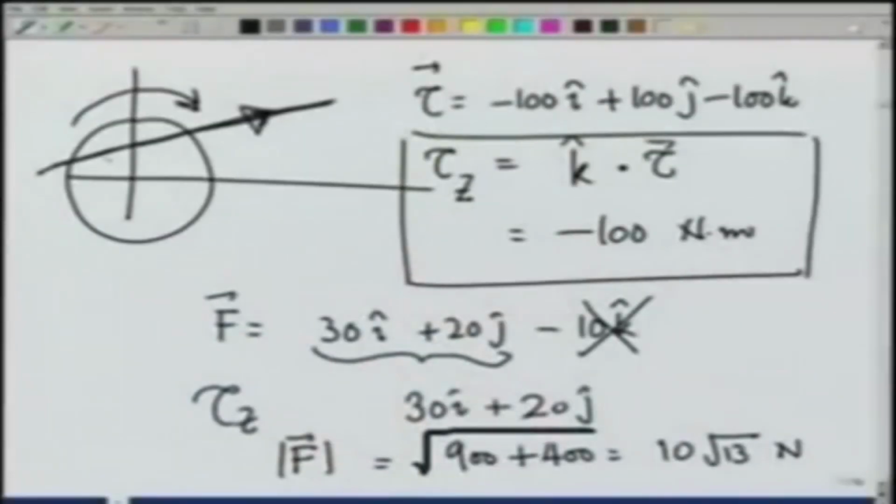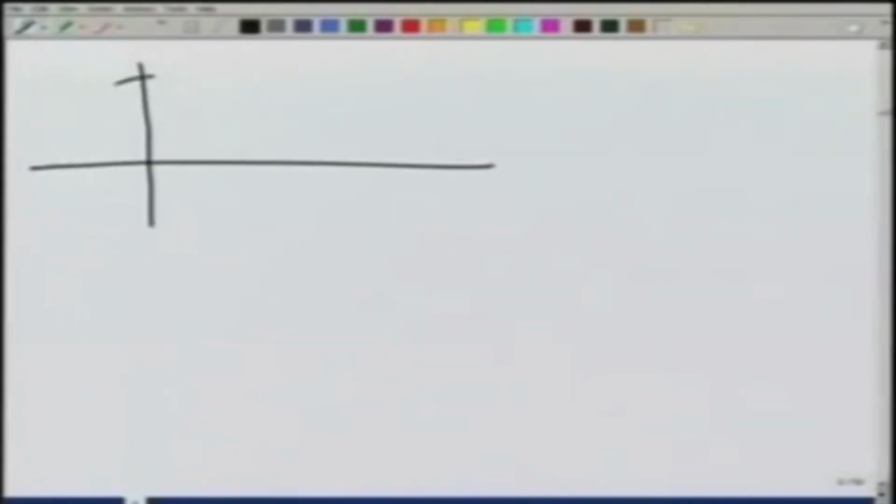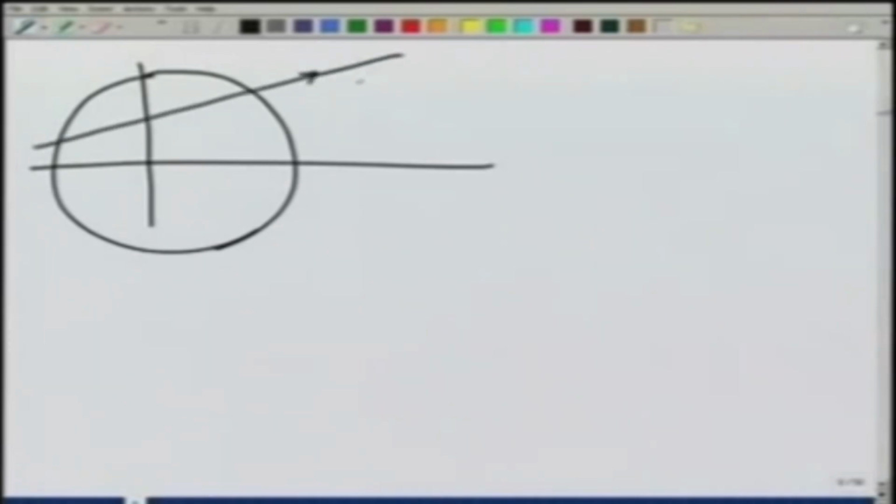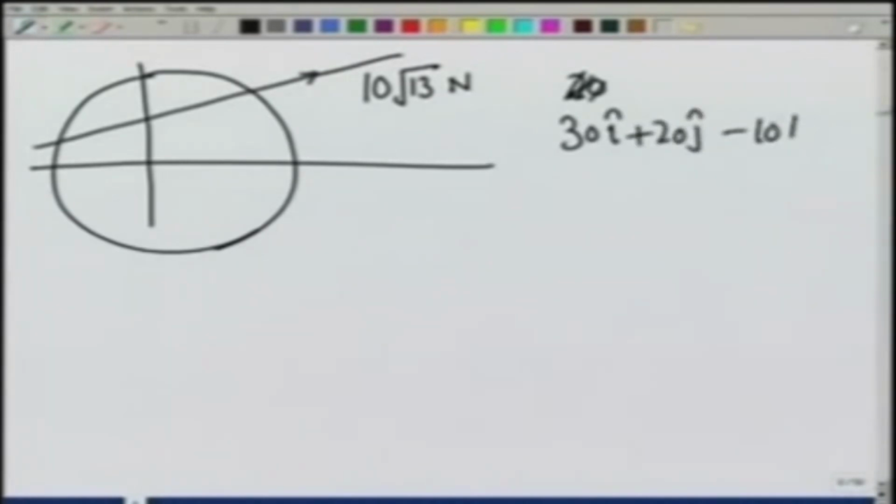I want to find the distance perpendicular to this force, that is this distance d from the origin. Let us find that. Let me make the picture again. So, as far as the rotation of the disk is concerned, a force is acting of the magnitude 10 square root of 13 newtons along this line, which is given by the vector 30 i plus 20 j minus 10 k.